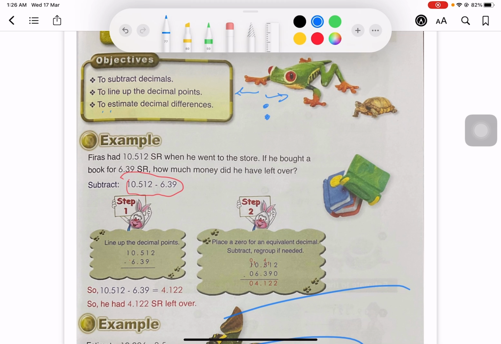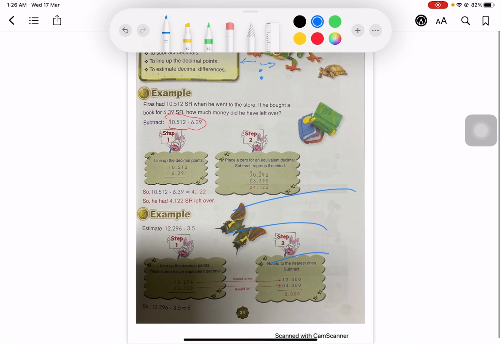And I can use estimation to check my answer, whether I solved it correctly or wrongly. Now let's go to the last part of our lesson today.